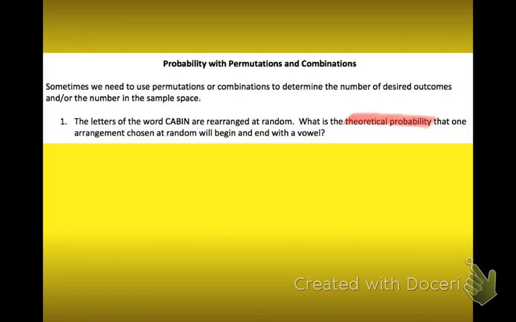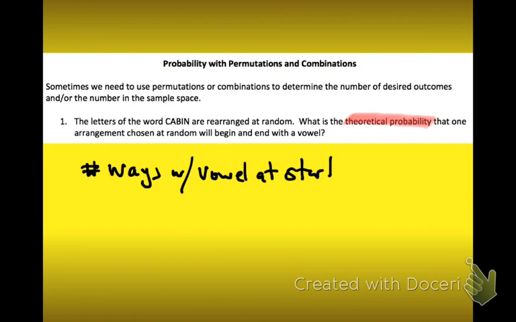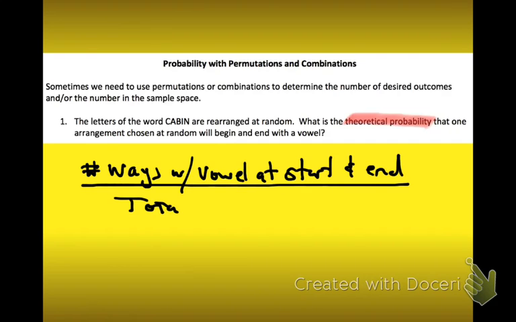So remember, we want to know the number of ways with a vowel at start and end, and we want to divide that by the total arrangements.